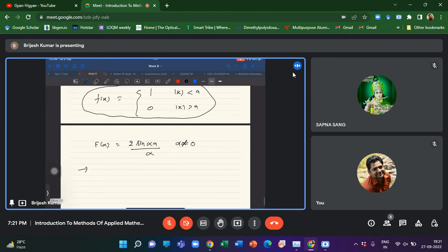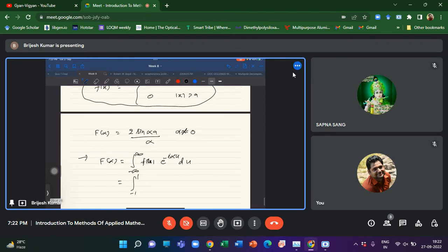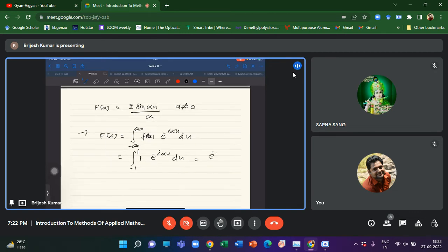Like that, the Fourier transform F of alpha is the integral from minus infinity to infinity of f of u e to the power minus i alpha u du. This is u, not x. So this will be from minus 1 to 1, and here will be 1, e to the power minus i alpha u du, equal to e to the power minus i alpha u over i alpha, from minus a to a.